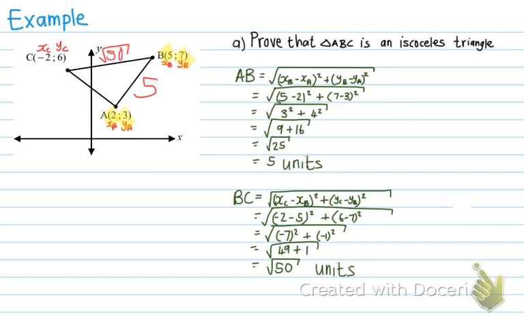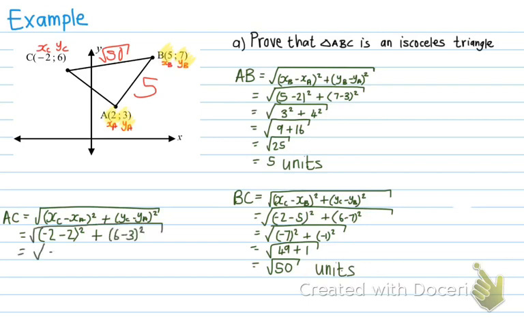Okay, so far we don't have any equal sides, so we don't have an isosceles triangle. Let's see if the third side is equal to any of those. AC is equal to the square root of xc minus xa squared plus yc minus ya squared. That gives me negative 2 minus 2 squared plus 6 minus 3 squared, which is negative 4 squared plus 3 squared, which is 16 plus 9.